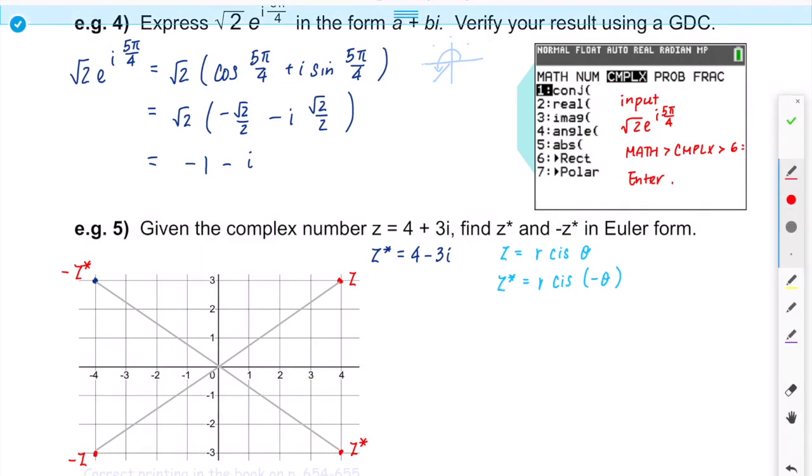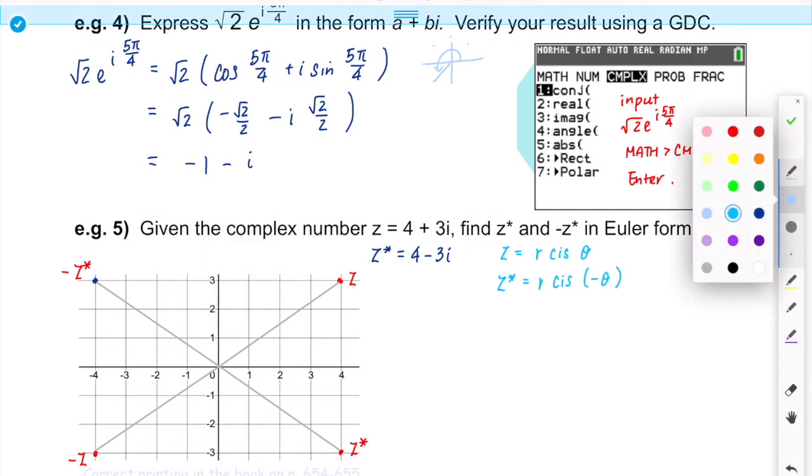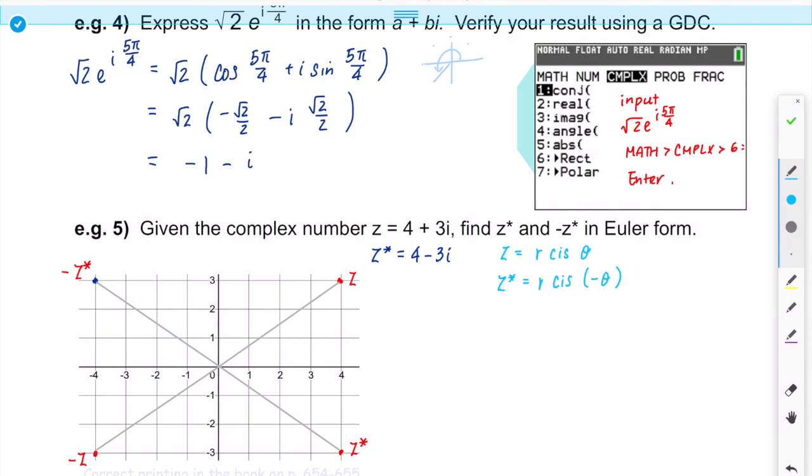So if I want to complete this relation, negative z is equal to r cis theta plus pi. And for negative z star, this is r cis pi minus theta.